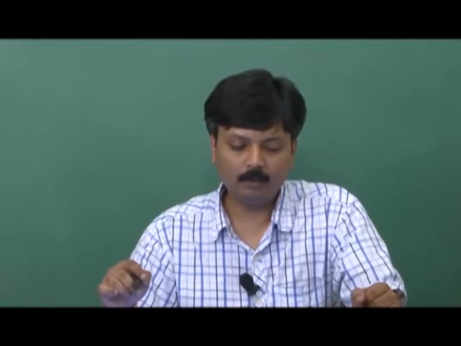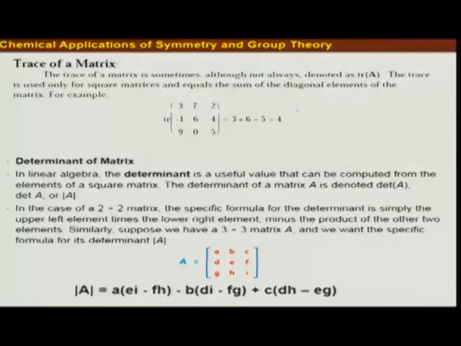So the trace of a matrix is the sum of the diagonal elements of the matrix. So if I look at any given matrix, say the matrix on your screen here, the sum of 3, 6 and minus 5 will give me the trace of the matrix.